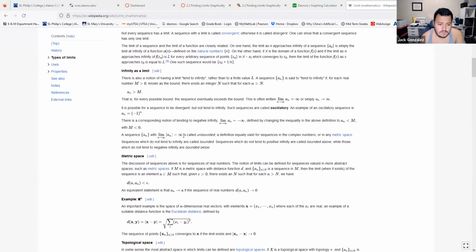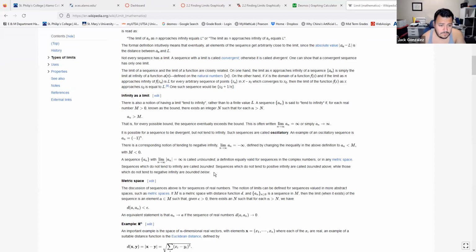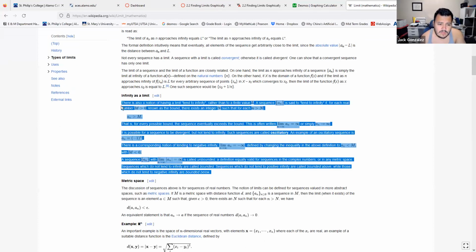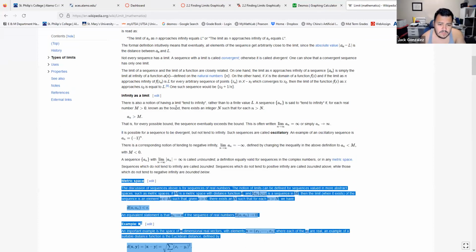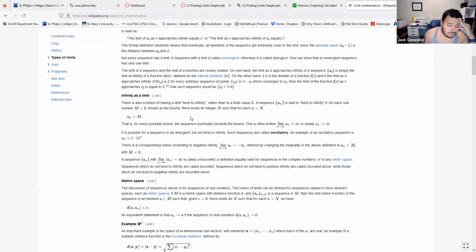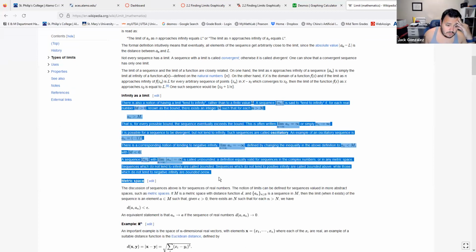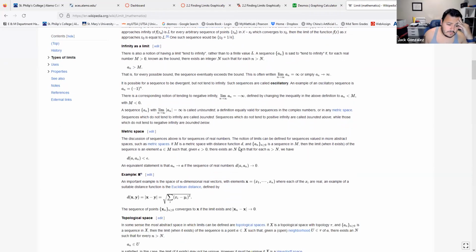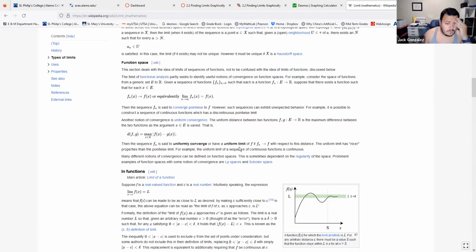See, this is the definition we learned as a math major. It's very complicated looking, and it took me a while to understand what they were saying. But essentially, the way I explain it to you is all it is. When we're talking about infinite limits, or maybe just general limits, it's the same thing.